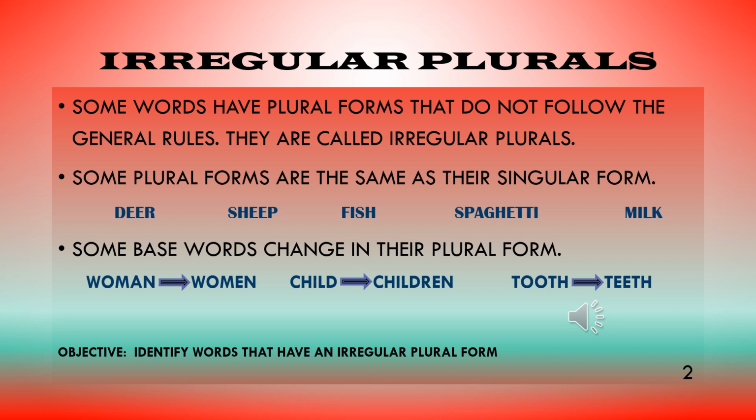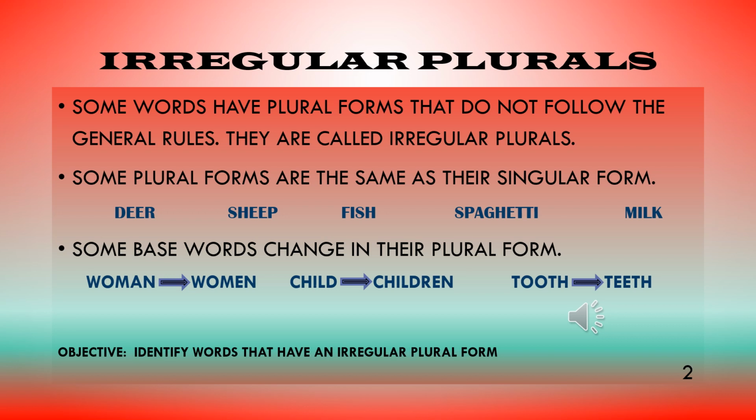What is the purpose or the objective of this lesson? It is that you can be able to identify words that have an irregular plural form. So this is the first part of the lesson that you will learn today. There are no rules to follow when we talk about irregular plurals.